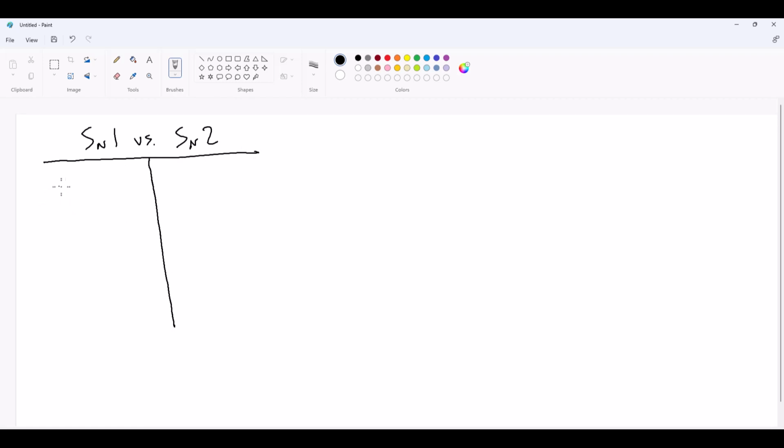So both of these require good nucleophiles. Where SN2 is usually anionic nucleophiles, and SN1 is anionic or neutral nucleophiles, just by the nature of how this reaction proceeds.